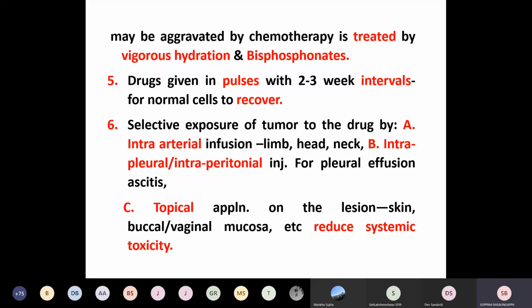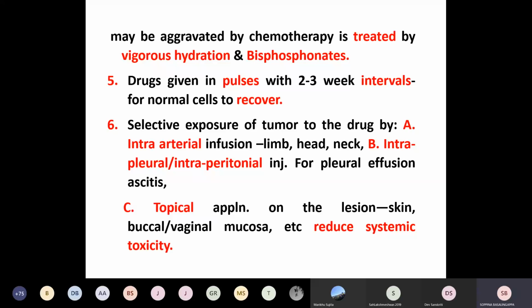Into whatever artery is feeding that tumor, you inject the drug intra-arterially. That means the maximum drug will go to that area only. So intra-arterial infusion is used particularly for tumors in the limb, upper or lower, and head and neck.